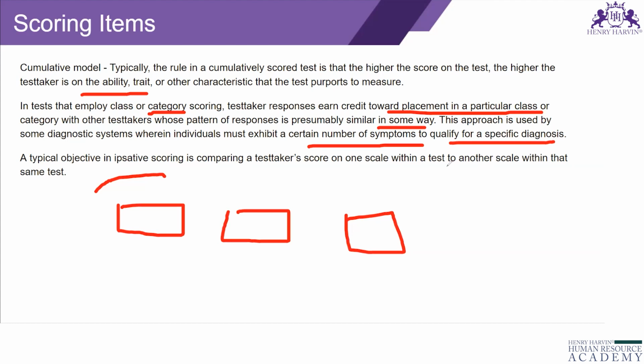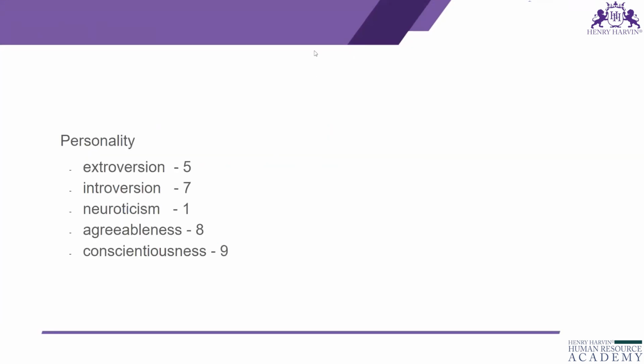Now, a typical objective in ipsative scoring is comparing a test taker's score on a scale within a test to another scale within that same test. Okay, so this is one, like if you get like this.